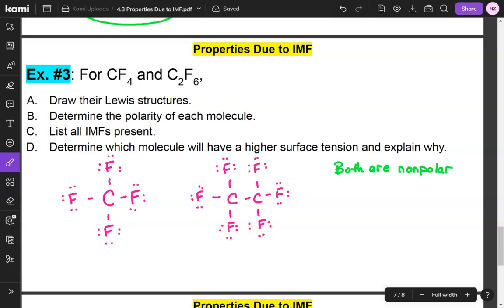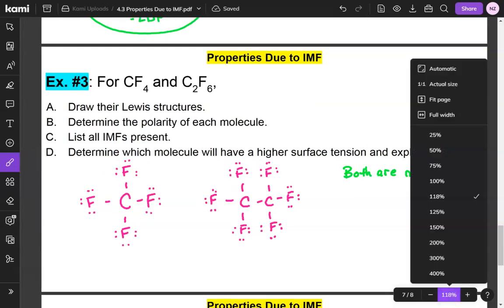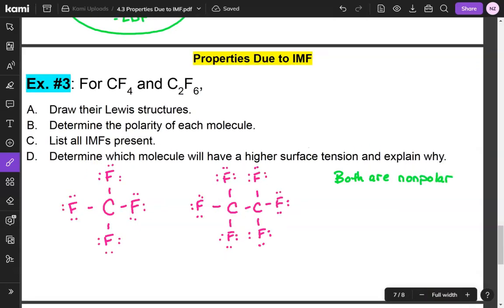So both have carbon as the central atom, and everything attached to our central atoms are the same. Therefore, it is going to be nonpolar. Both have LDF as the only intermolecular force because they're nonpolar.